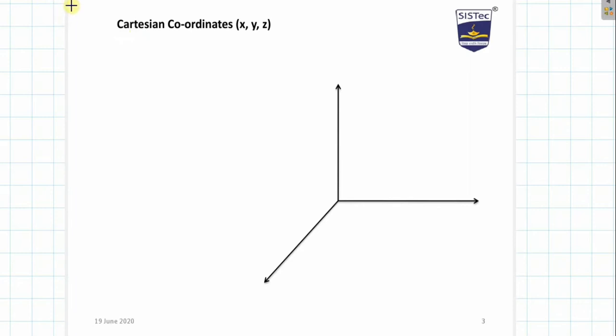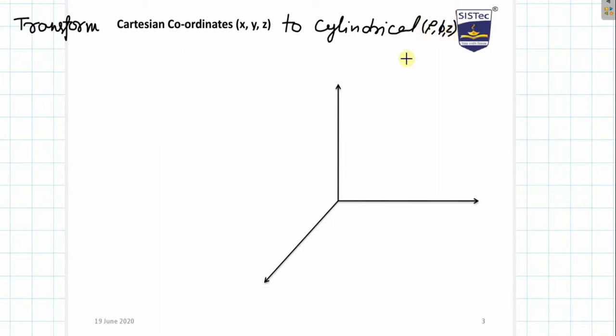So the transformation of Cartesian coordinates to cylindrical coordinates, okay. Cylindrical is rho, phi and z. Now we will see how we can do the transformation.